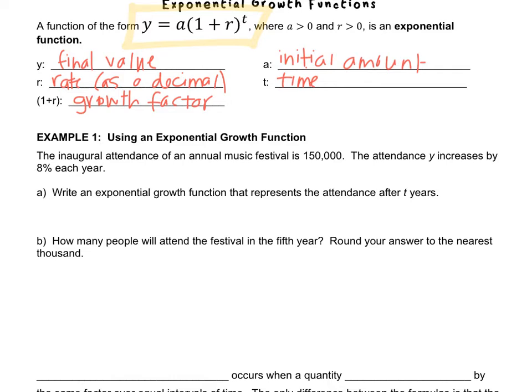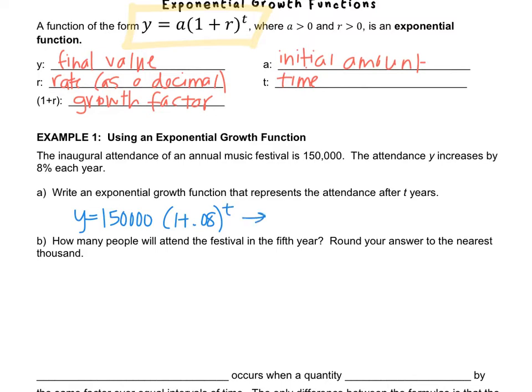So we just plug the pieces in. It's going to start with y equals. The initial amount is 150,000. Don't put commas in an equation. And then we are multiplying by 1 plus r, which is the rate as a decimal. So that's 0.08, and that's raised to the t because they tell us t years.